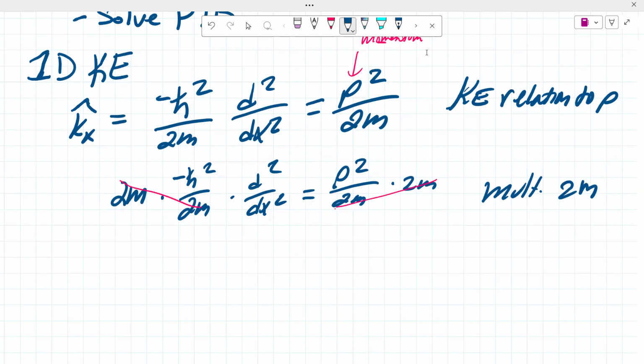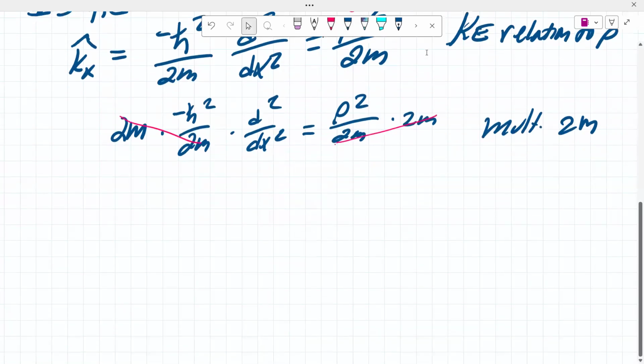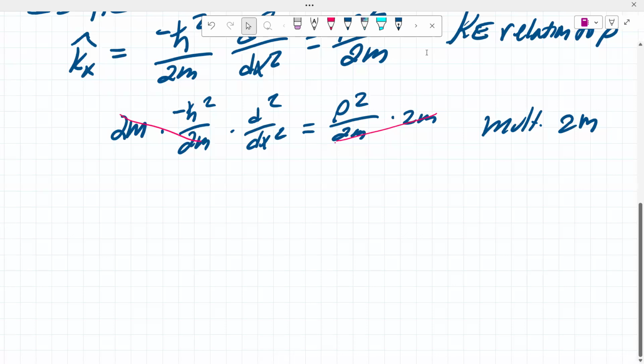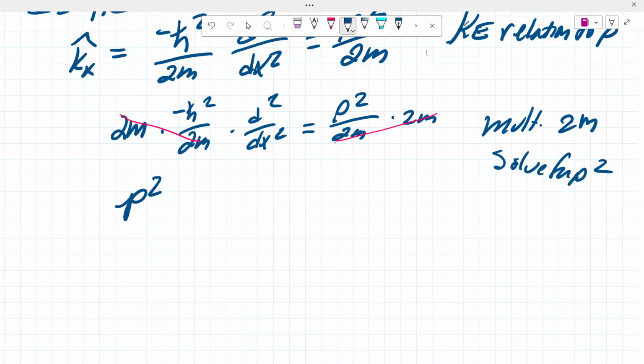And now we're going to solve: p squared equals negative h bar squared d squared over dx squared. So in other words, this is the momentum squared operator equals negative h bar squared d squared over dx squared.